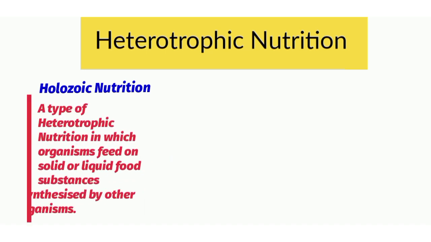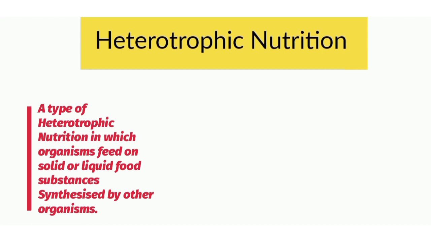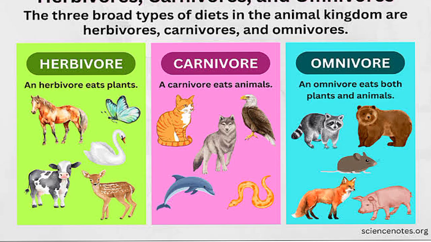Holozoic nutrition is a nutrition in which living organisms feed on solid and liquid nutrients synthesized by other organisms, which may be plants or animals. Holozoic feeders are divided into 4 categories. We have the herbivores, which are animals that feed on plants only.